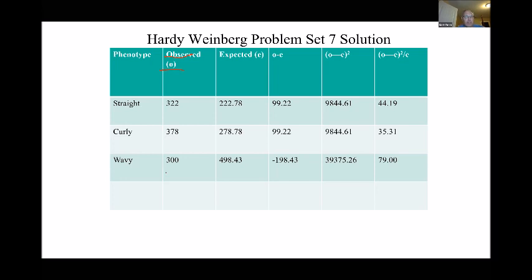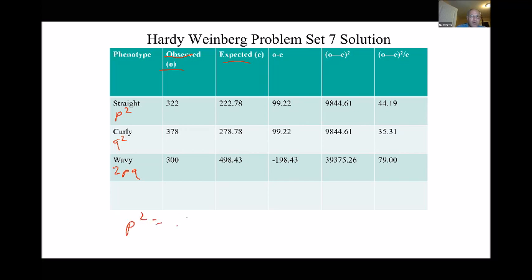So our expected numbers, we would find those by using the Hardy-Weinberg equations. And remember that these individuals, straight-haired individuals, these would be the p squared people. These would be the q squared because the curly is recessive. And this would be the heterozygous condition. So to calculate these expected numbers, we would take the frequency of big H, the dominant allele, and square it. So big H frequency was 0.472.